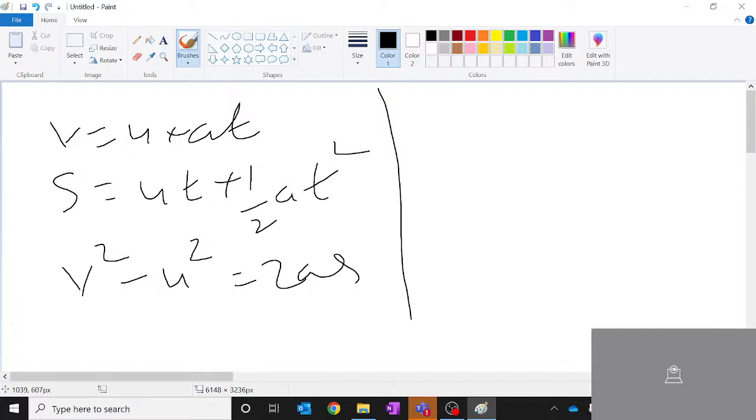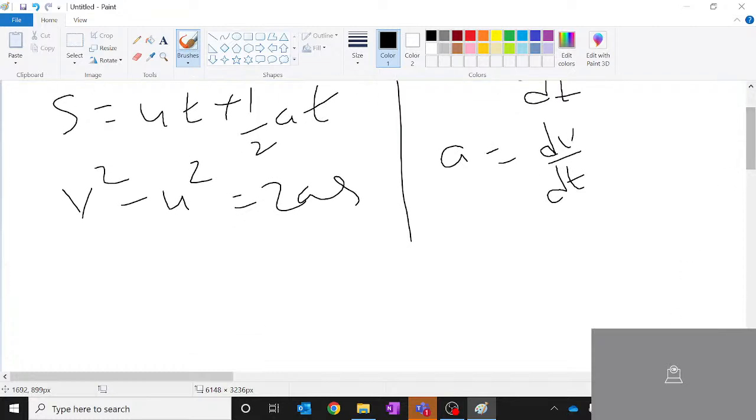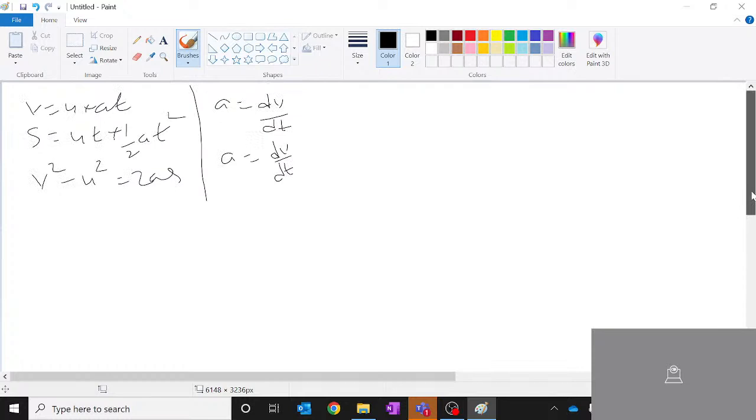Now if you remember, I had just told you that a is nothing but dv by dt, the change in velocity by change in time. Now on a similar lens, if I integrate this, where v is the final velocity and u is the initial velocity.